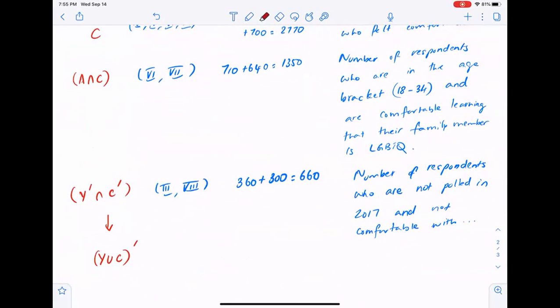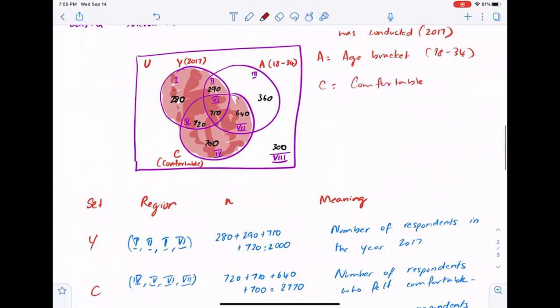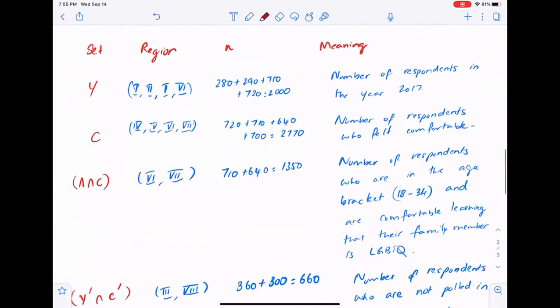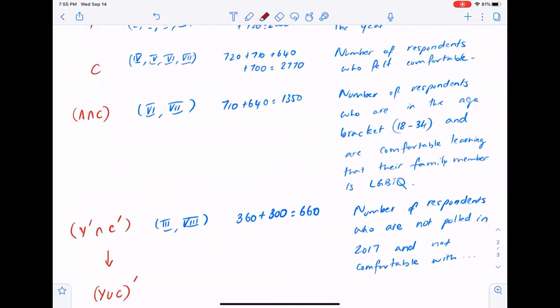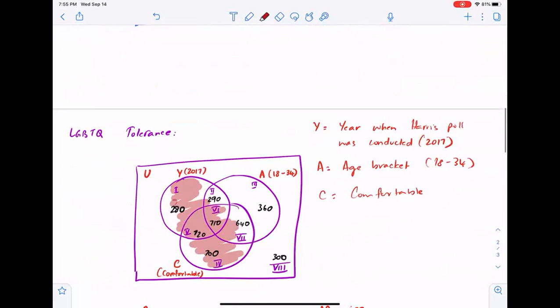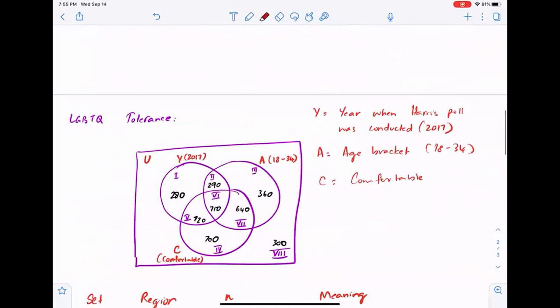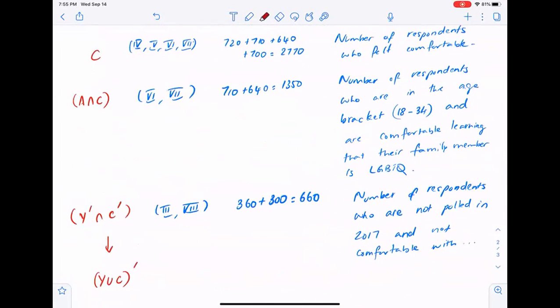If we try to write the meaning using Y union C, that would just be lengthy and sort of unnecessary. To find the count, we can use either approach. Either you can do this or the approach we did earlier. But in terms of the meaning, what we did earlier or what we wrote here is the best way.